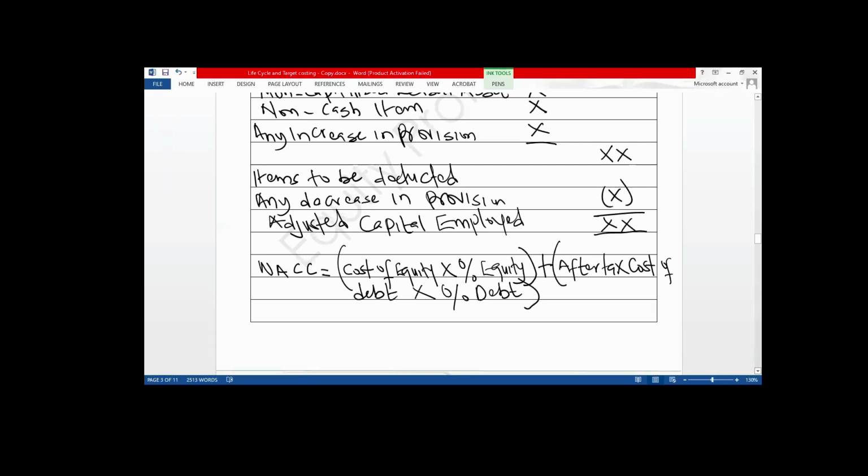Please note, the examiner will always give you the pre-tax cost of debt. Then you are going to calculate the after-tax cost of debt. You have to calculate that. Let me show you again.